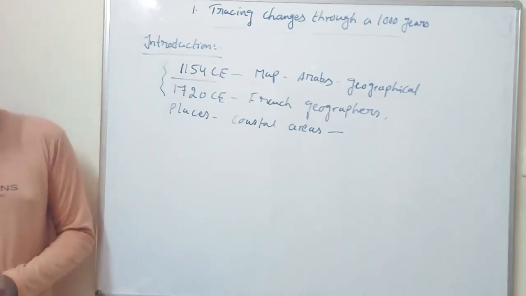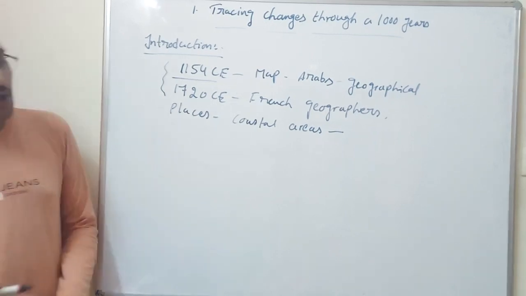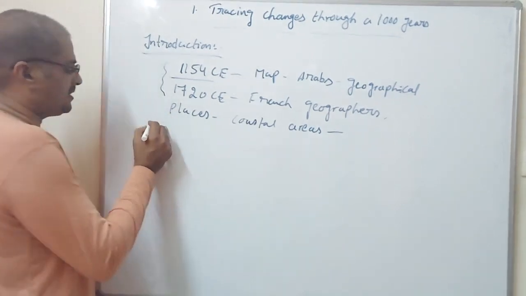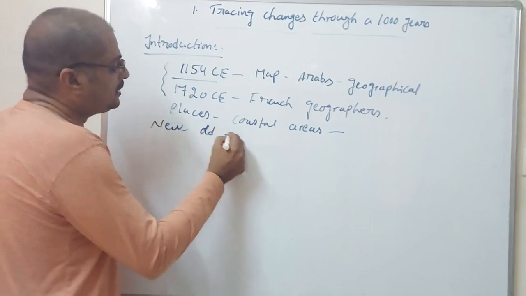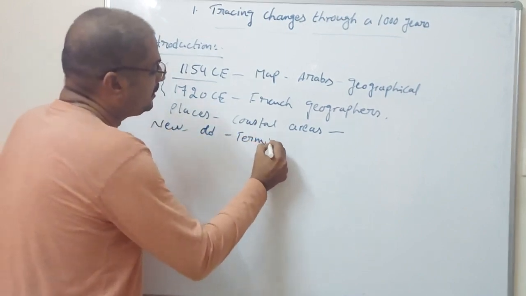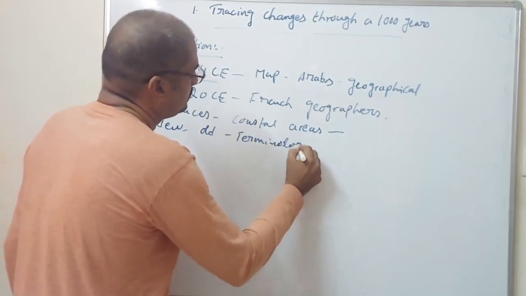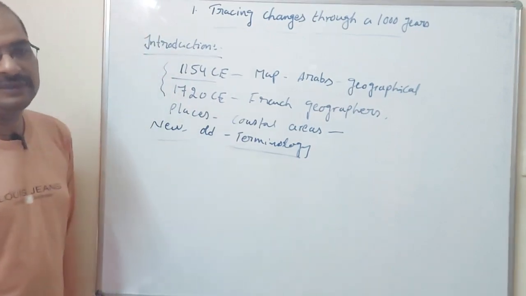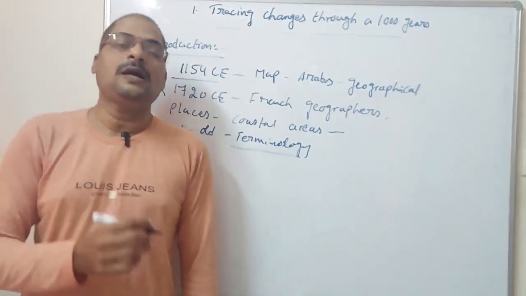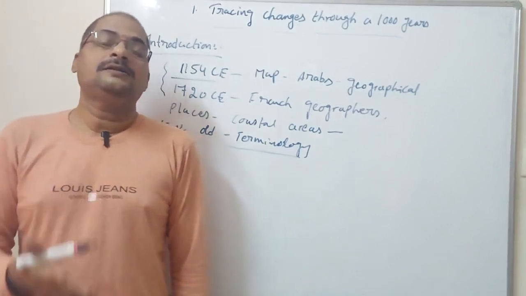Let us come to the point. According to new and old terminology, there are two kinds of terminologies. For example, you can take Chennai in Tamil Nadu.